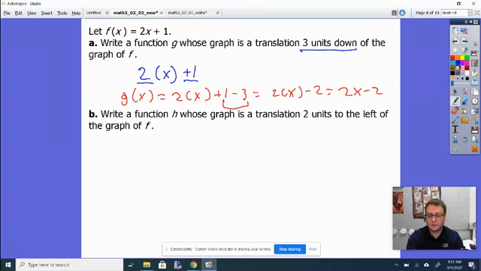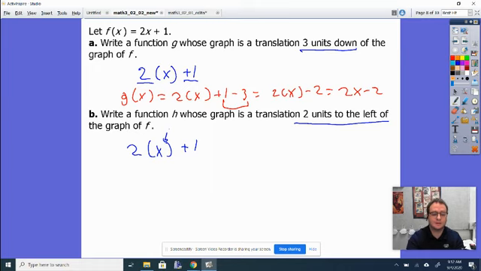Okay, next one. Same thing, I'm going to use the same original function, except now I need to go left on the graph. Well, remember, left is h. So I'm going to still have x. The problem is I don't have an h in here. But I can add 0 to any number and not change it. So that's important.